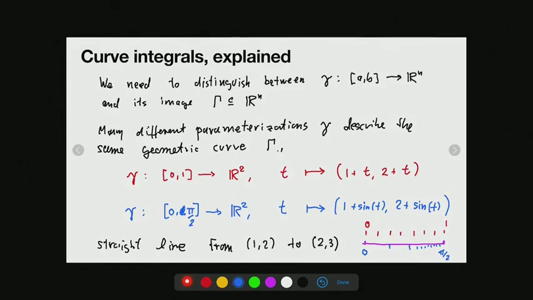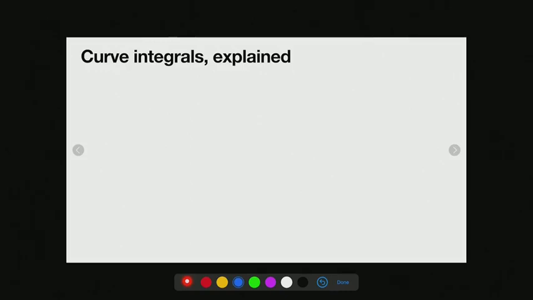We will try to compute a curve integral of a function along this line, and we will see that, although we have two different parameterizations, we obtain the same result. Let's start with the first one, the parameterization from 0 to 1, and we consider the following function. f goes from R to the 2 into R, and just produces the product of the two coordinates, f(x1, x2) equals x1 times x2.